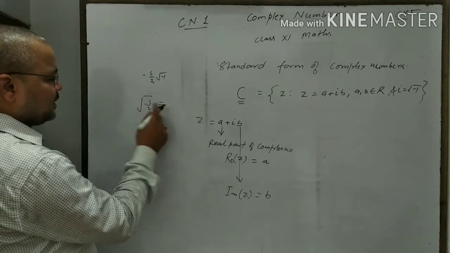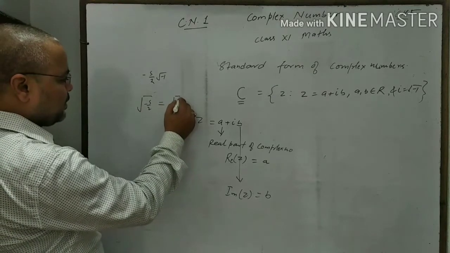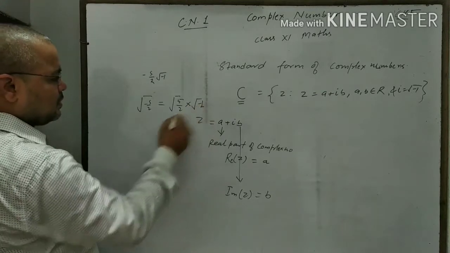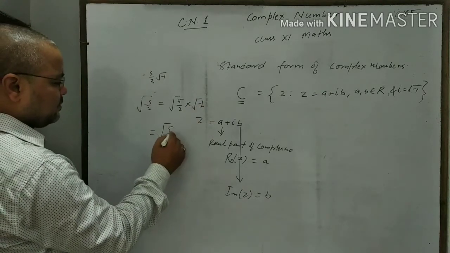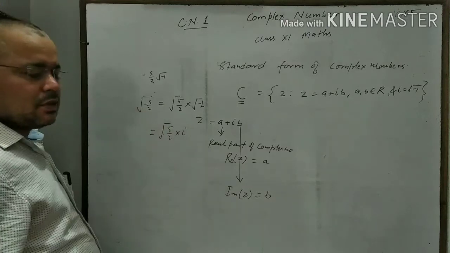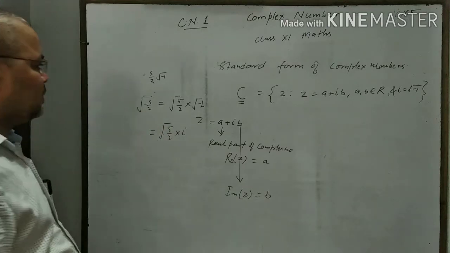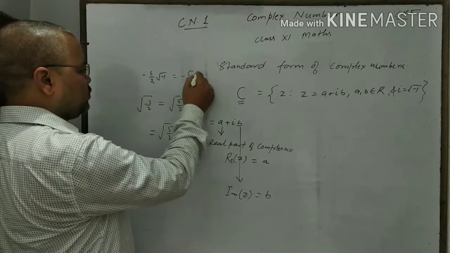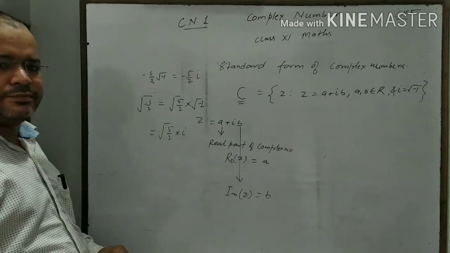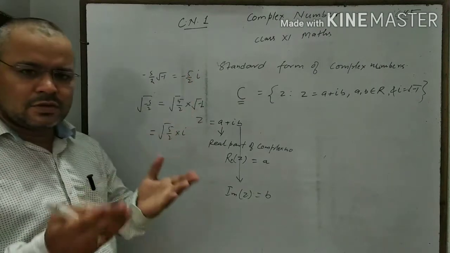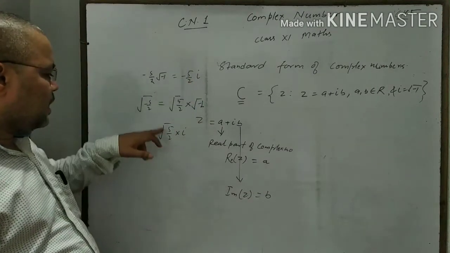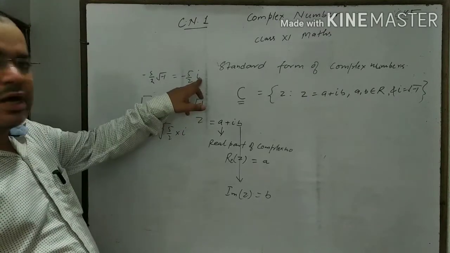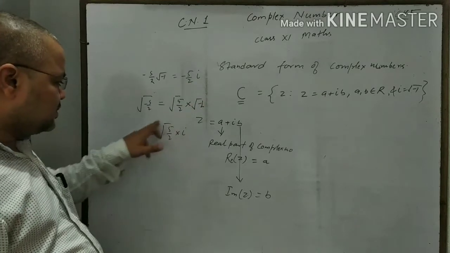Because this can be written as under root 5 by 2 into under root -1, which is under root 5 by 2 into i. This can also be written as -5 by 2 i. Minus 5 by 2 is a real number, and under root 5 by 2 is also a real number, but i is here also. Therefore this is an imaginary number.